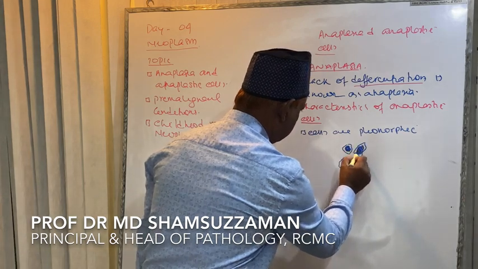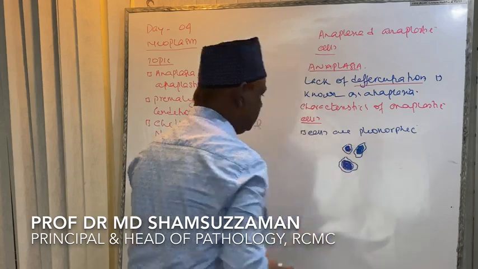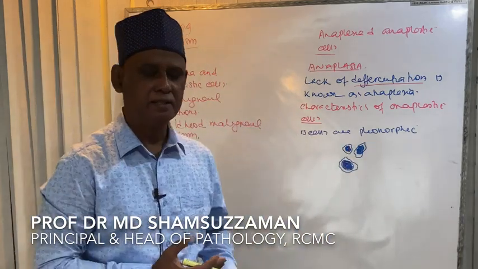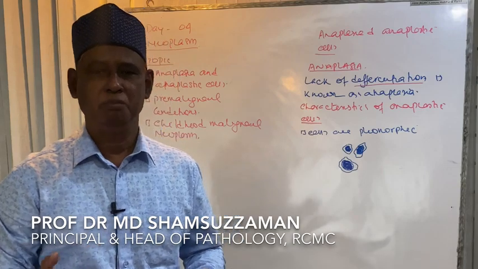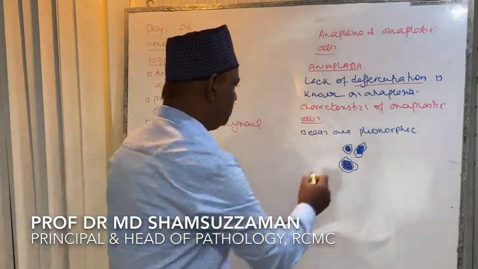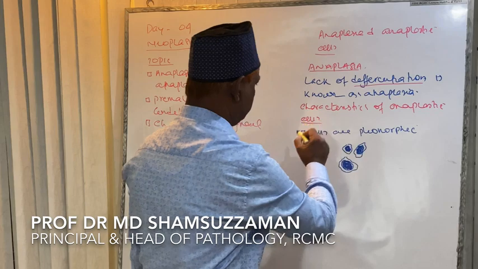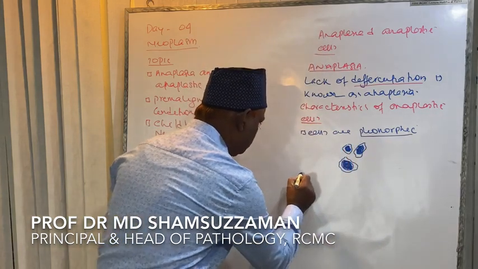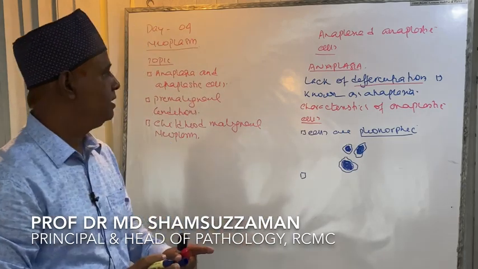So these are the neoplastic cells, the anaplastic cells, and the malignant cells. Different size and different shape. So cells are pleomorphic.